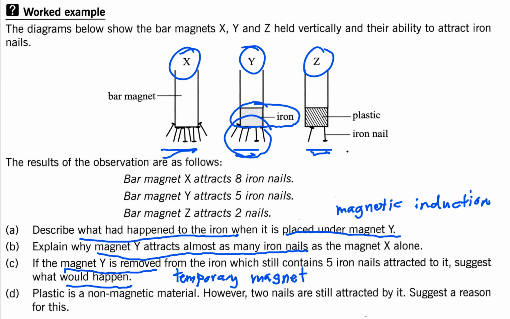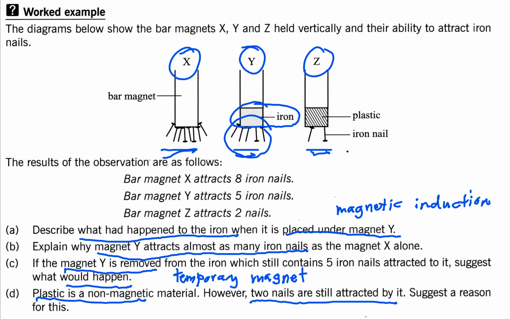As a result, there will be no more magnetic field left in the iron. The iron will not be able to continue to attract the iron nails. The iron nails will fall off. Finally, D: plastic is non-magnetic, but there are still two iron nails attracted to it. Why?